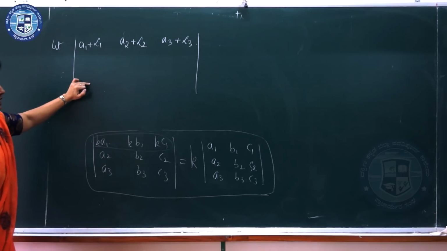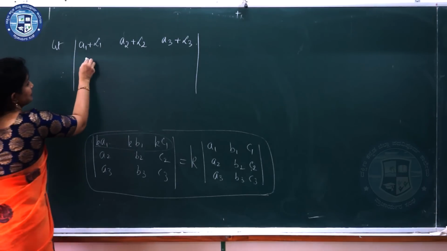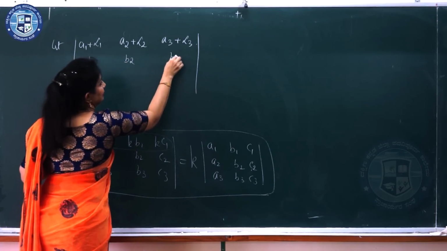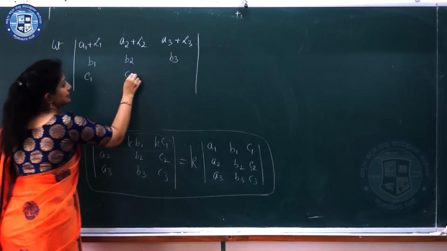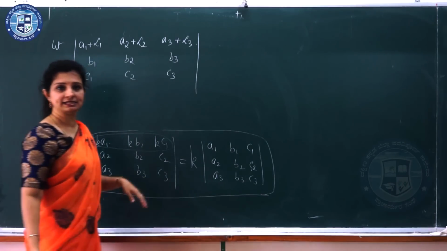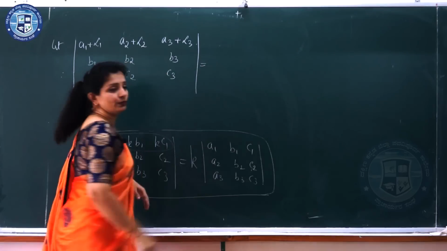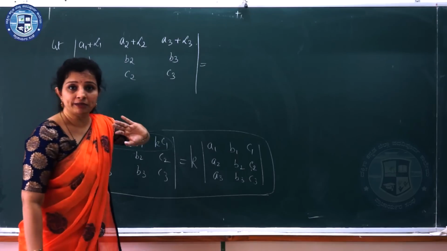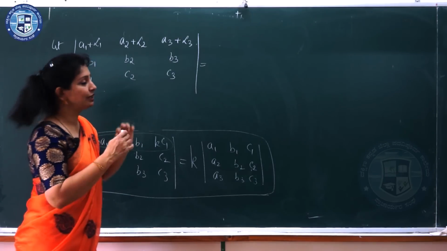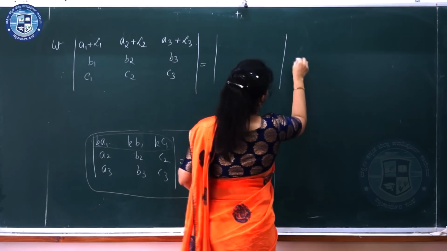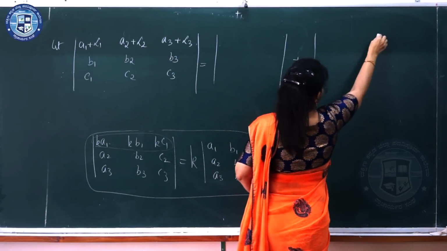The second row and third row elements are only single numbers like B1, B2, B3, C1, C2 and C3. If the given determinant is like this, then what is its value? Its value can be written as the sum of 2 determinants. Which 2 determinants?